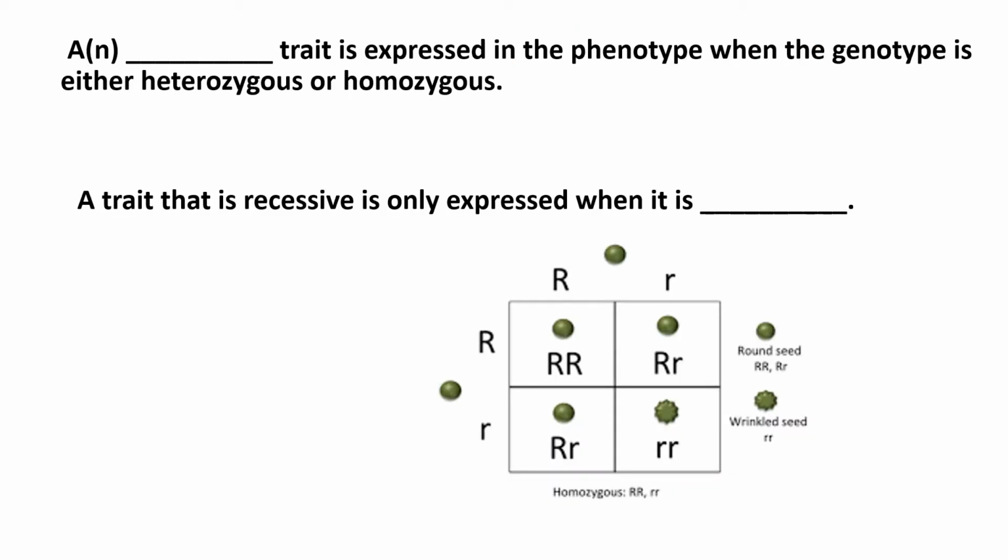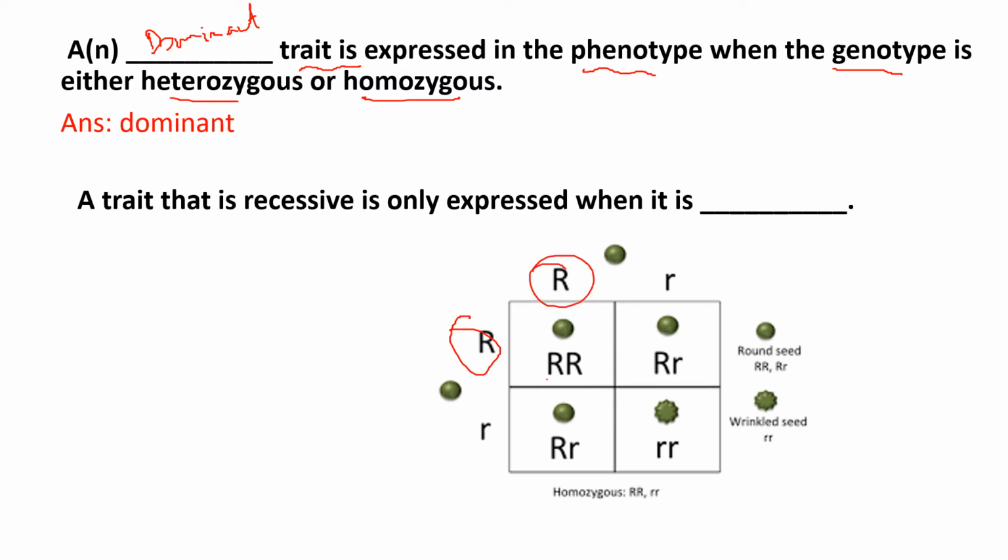Here they're asking you what is the name of a trait that is expressed in the phenotype when the genotype is either heterozygous or homozygous. Very easy, it will be dominant. The dominant trait will be expressed even when, for example, this R is expressed when you have two R's, the same letter, or when they are different.